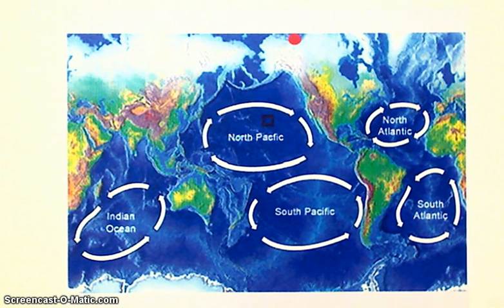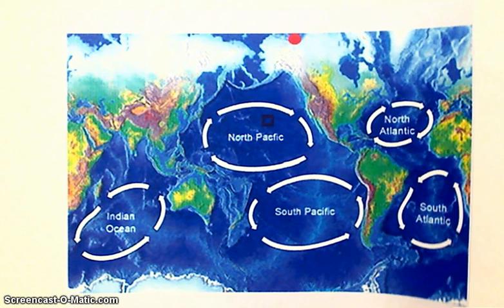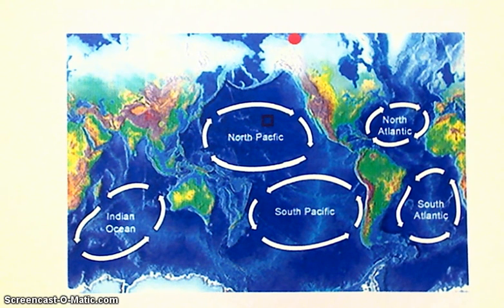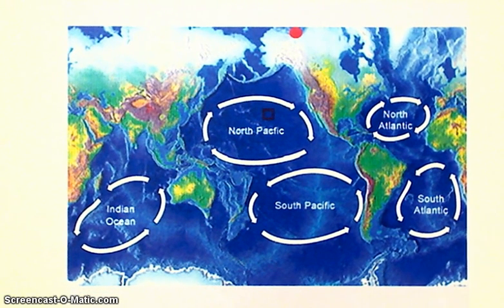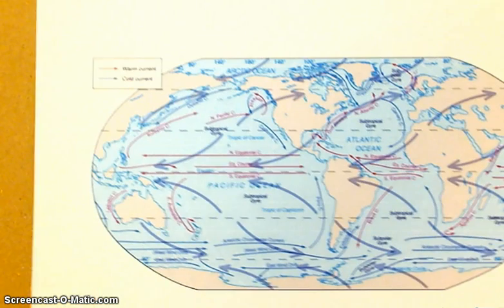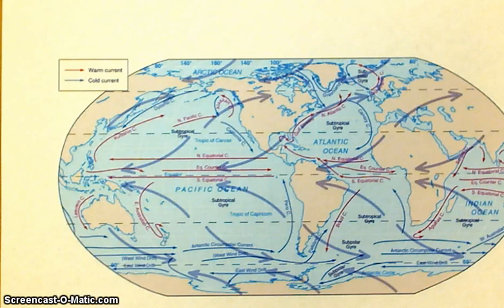Okay? All right, but we need to talk a little bit more about currents and where we find those, the difference between warm currents and cold currents, some things like that. On the other side of your paper, you have this world map.